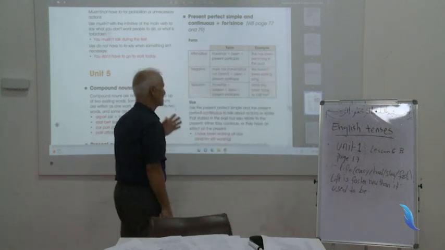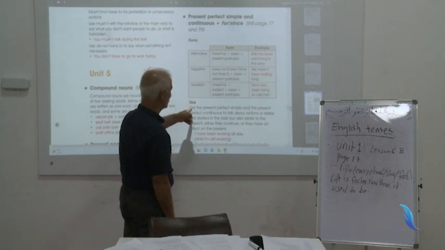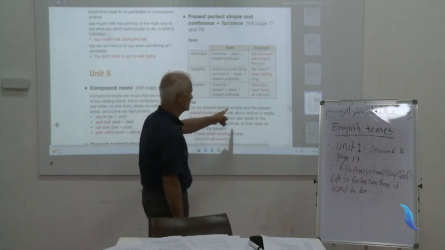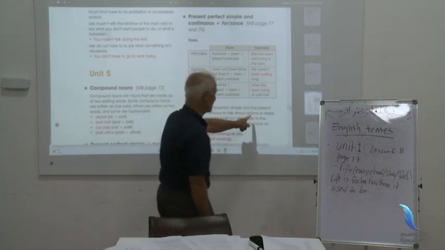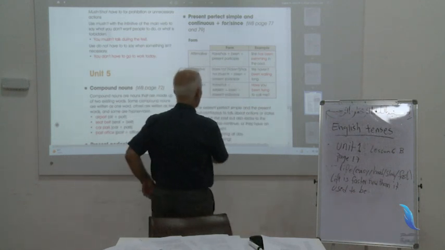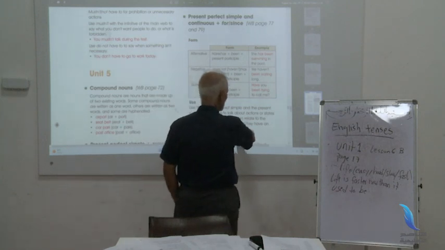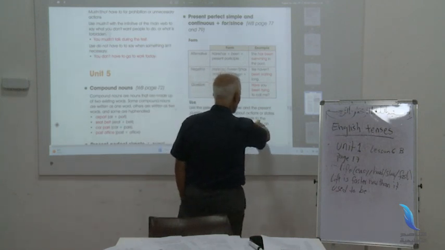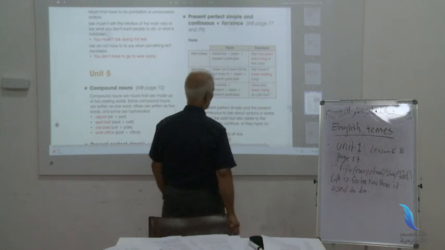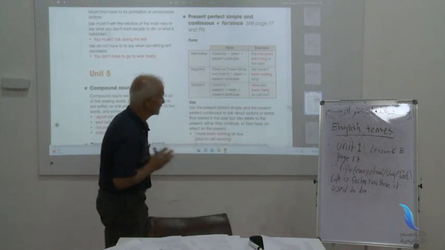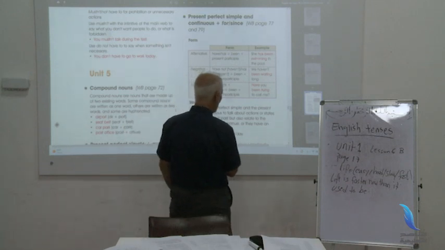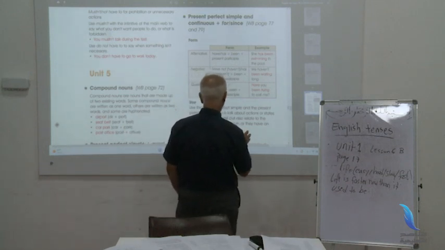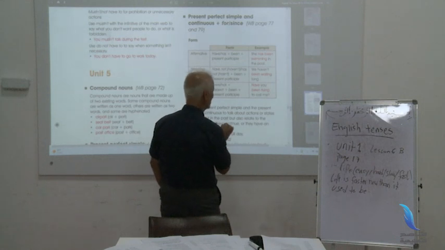According to the use of this tense, we use the present perfect simple and the present perfect continuous to talk about actions or states that started in the past but also relate to the present. So it has something to do with the present. Either they continue or they have an effect on the present.